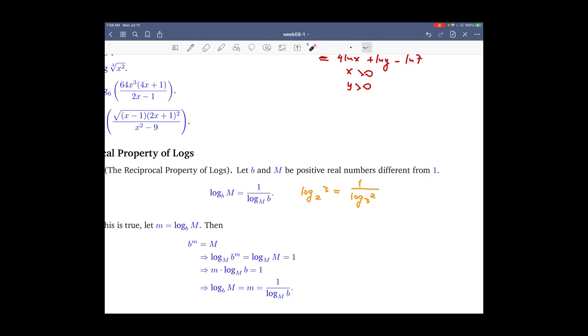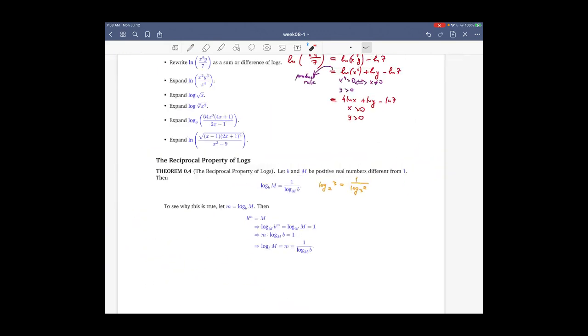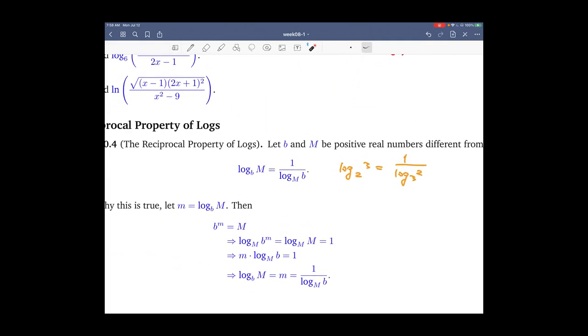The proof is very similar to the proofs we gave before. So let's denote the left-hand side by little m.